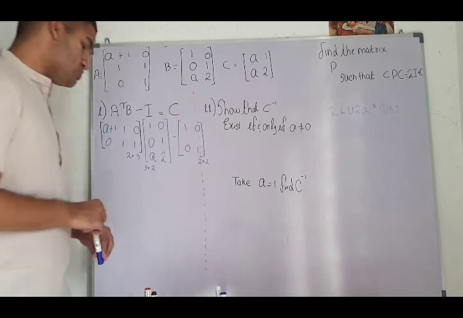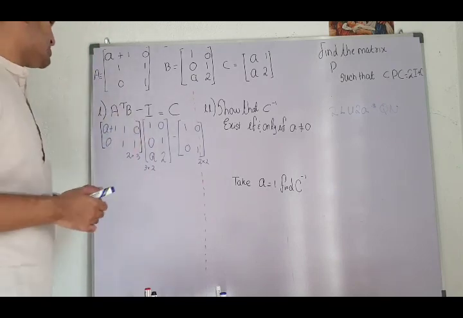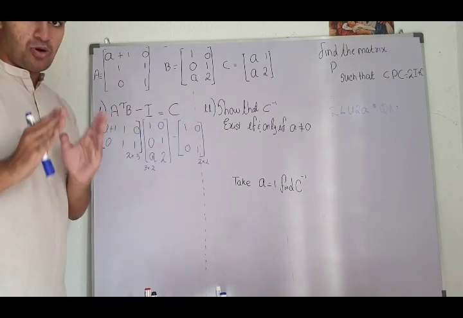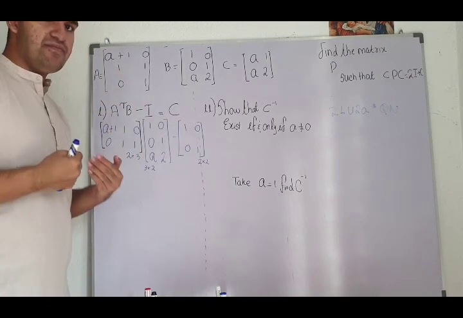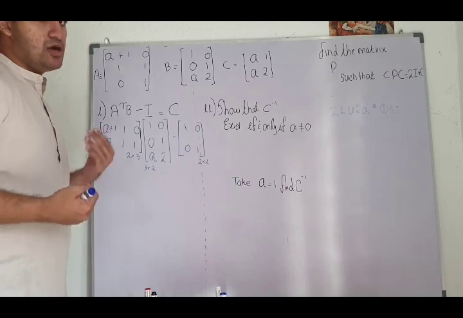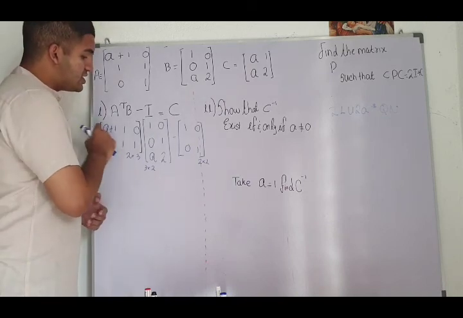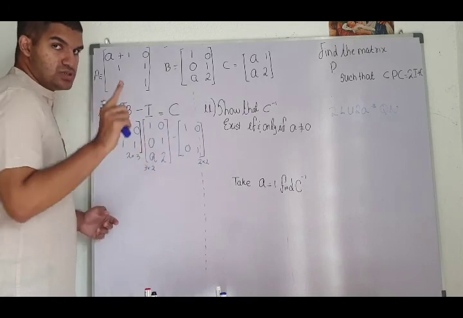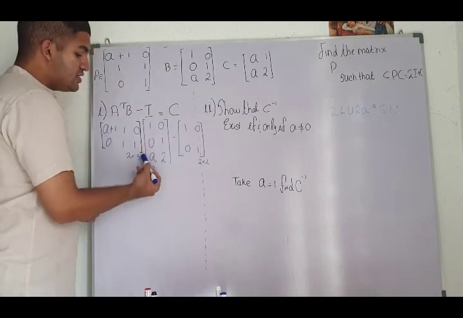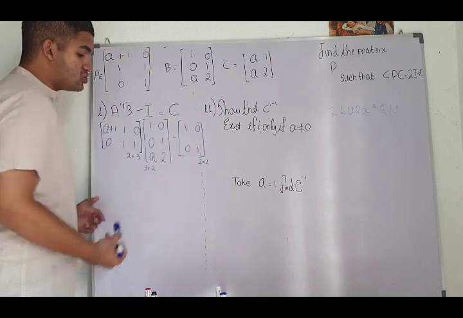So in here, what do we got to do next? Next, the property, the main reason we can multiply this. Why can we multiply and how can we multiply? First of all, we got to check that the number of columns in the first matrix is equal to the number of rows in the second matrix. So in here we have 3, and in here we also have 3.